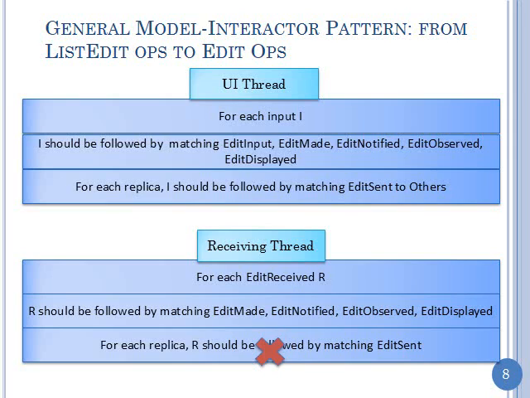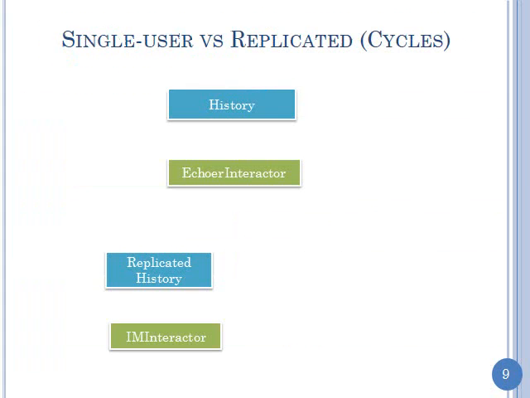And edit basically means that the model has been changed. So this is the general replicated algorithm, which is independent of the IM application. This could be used for PowerPoints, for editors, for anything. And again, we have to make sure that this cycle doesn't matter. So let's go and look at the real code here and see what we're doing.